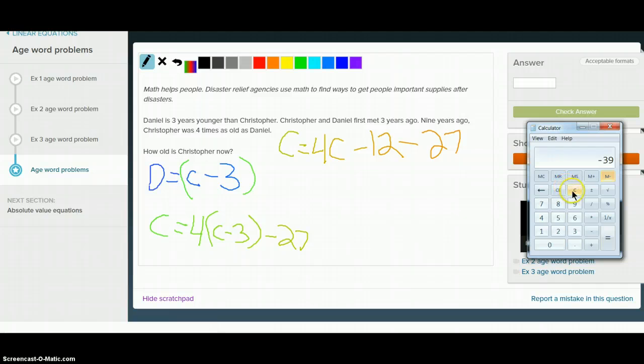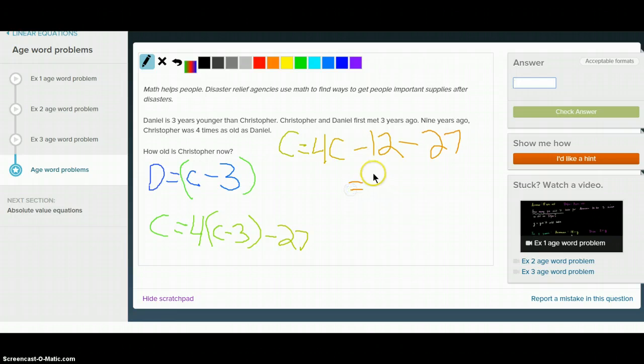Okay. Good. Okay, so negative 12 minus 27 is negative 39. So we're going to have negative 39 over here.